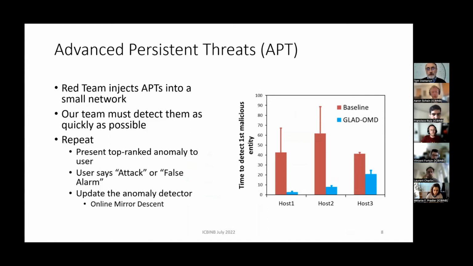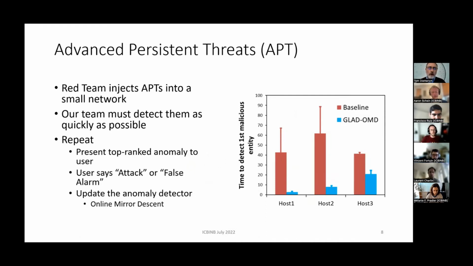And in our advanced persistent threats area, we were also doing very well. Here we were taking advantage of the fact that a big problem in anomaly detection is that you typically have false alarms. In fact, many false alarms. Often anomaly detection solutions are rejected in industry because the false alarm rates become just intolerable.